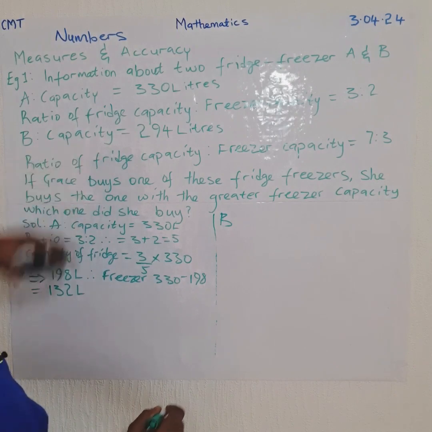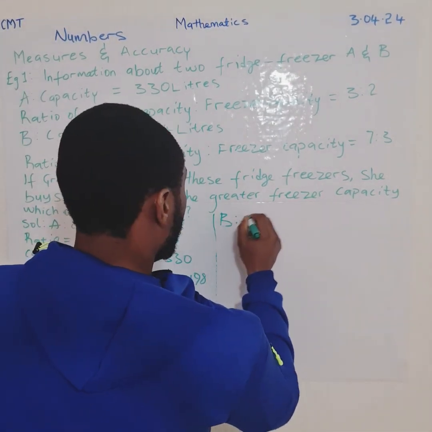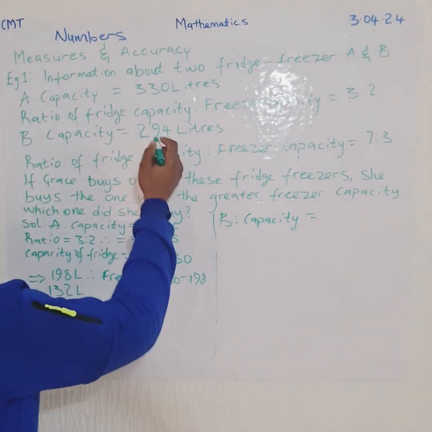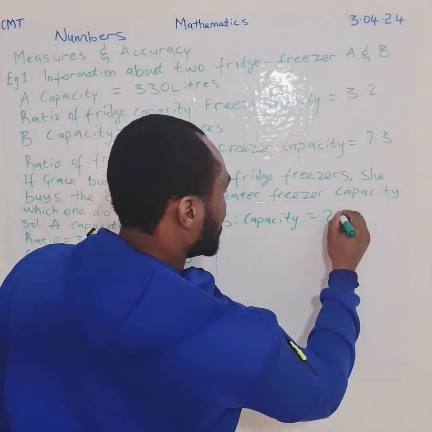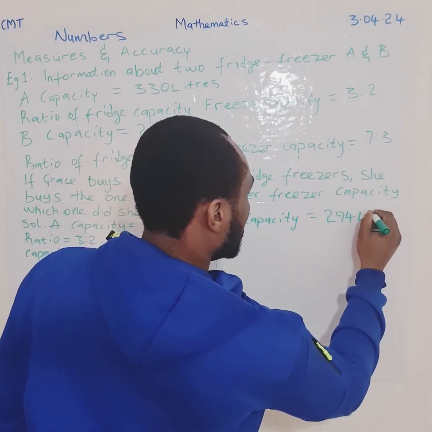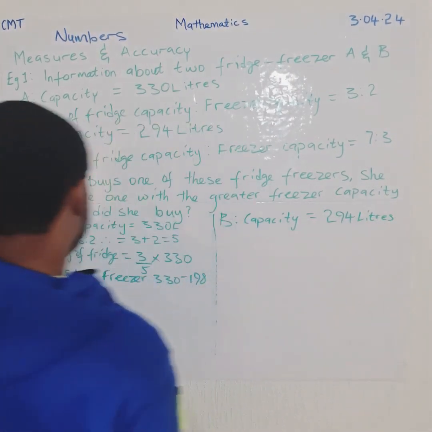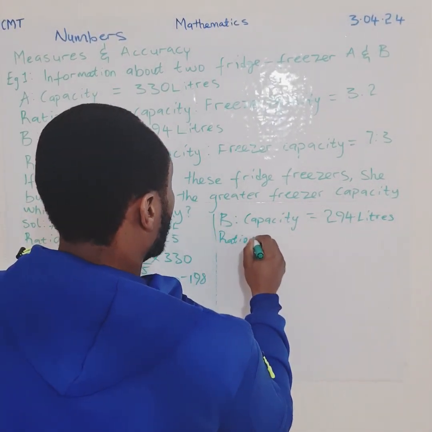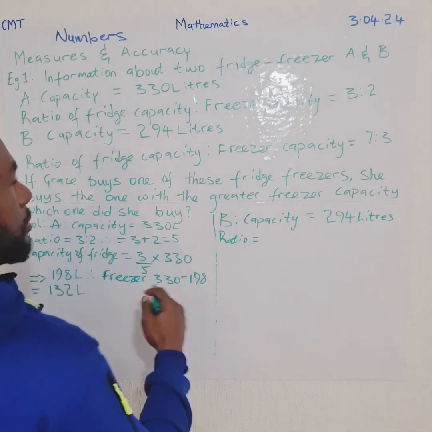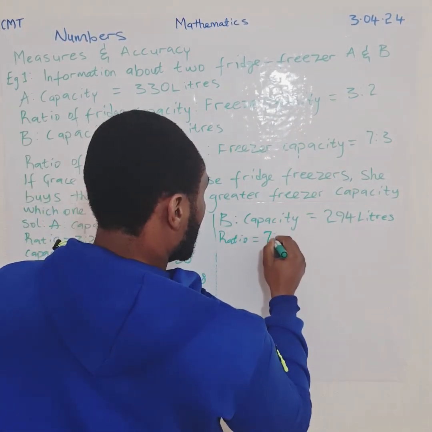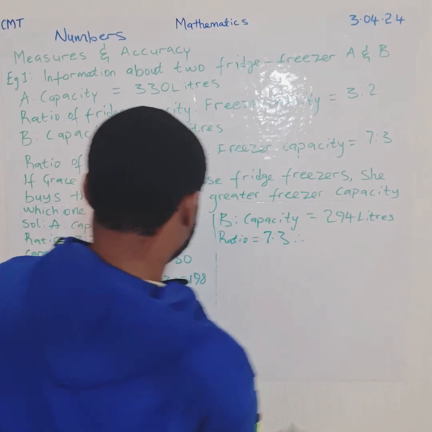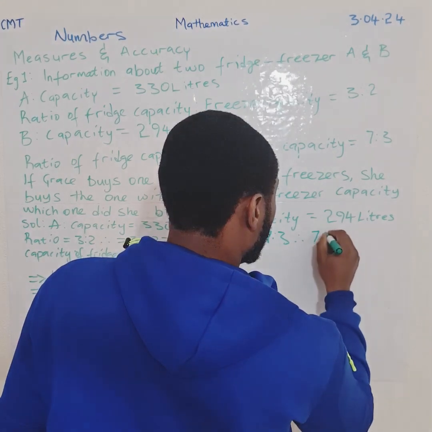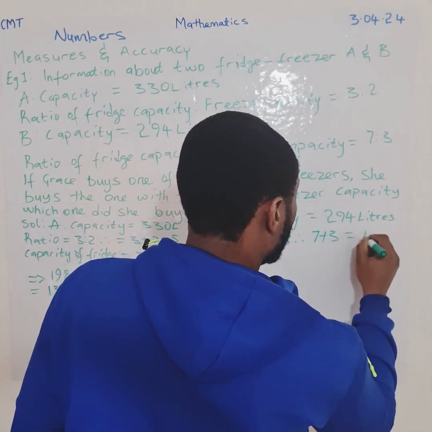He says the capacity of B is 294 liters. Ratio is 7:3. Therefore, sum of ratio is 7 plus 3, which is equal to 10.